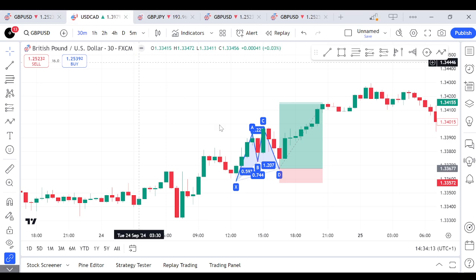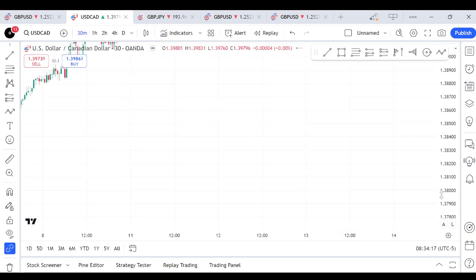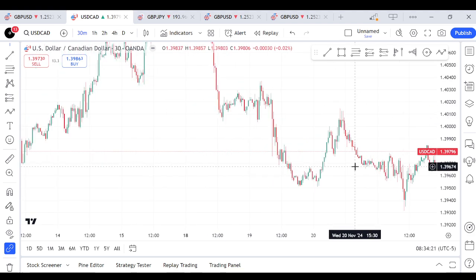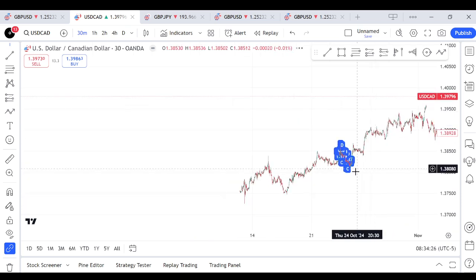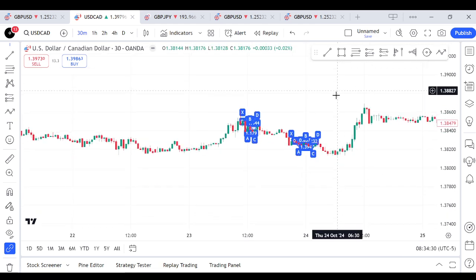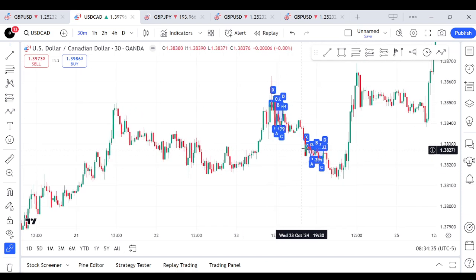Let's just look for the bearish pattern, and let me just look for the bearish cipher pattern. Okay, I have some here. So you can see this, we were bullish right here, and this was just a retracement.